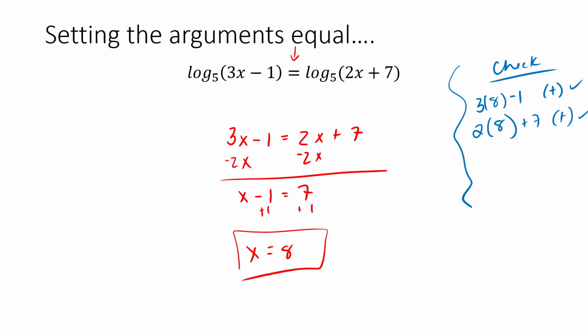In fact, this is what we're doing here: we're raising each side with a base of 5. So if those two log expressions are equivalent, then I could use them as exponents. And then if you've watched earlier videos in this lesson sequence, you know that the base of 5 and the log base 5 end up canceling each other out, leaving you with the argument.